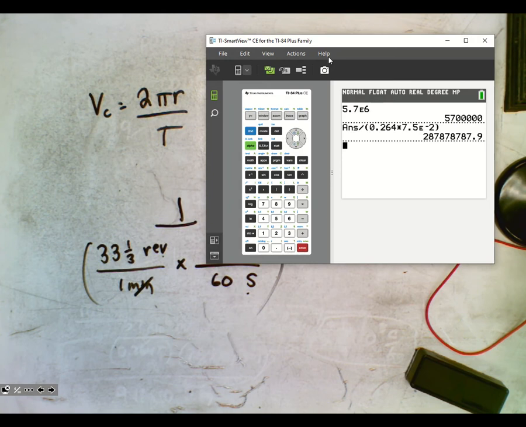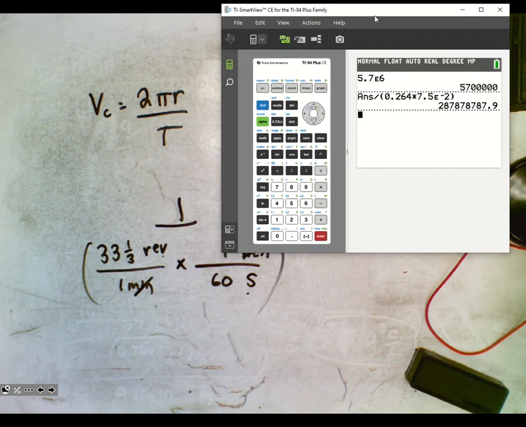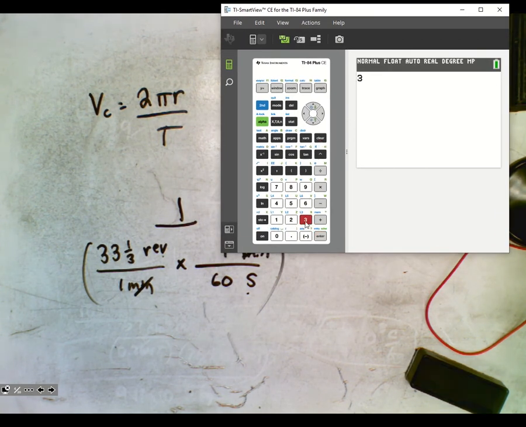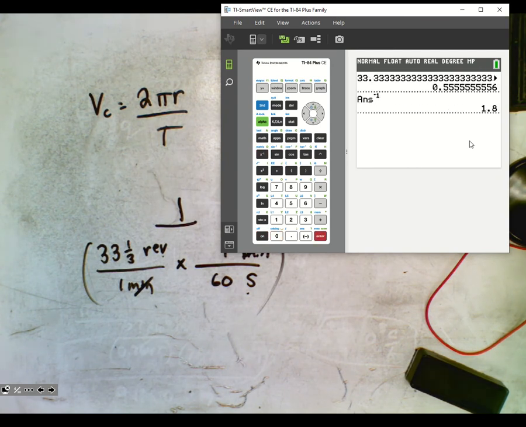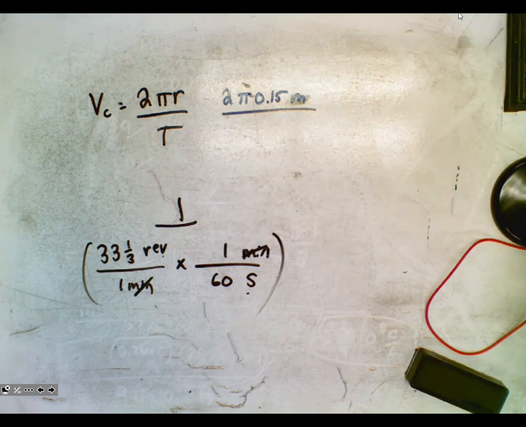So what I would do here is go 33.3333, put in a whole bunch of threes because it's 1/3, and then divide it by 60. And then I would just do 1 over that, and I get my period to be 1.8 seconds.